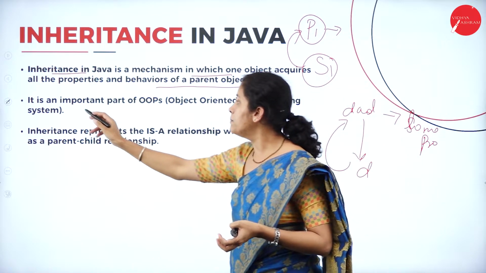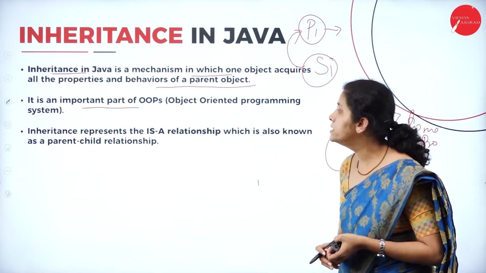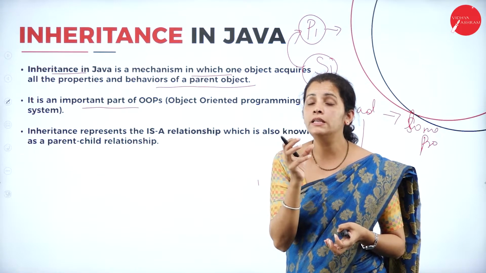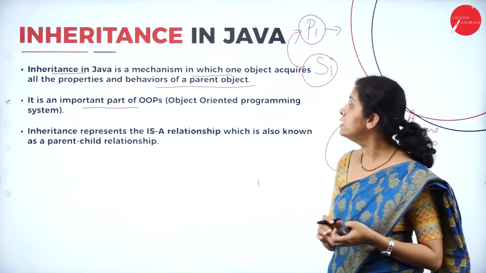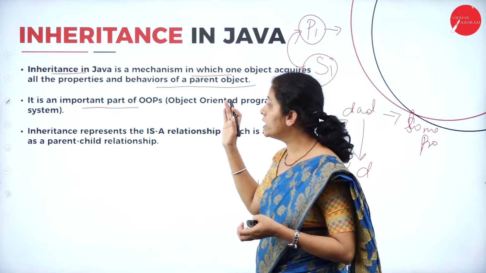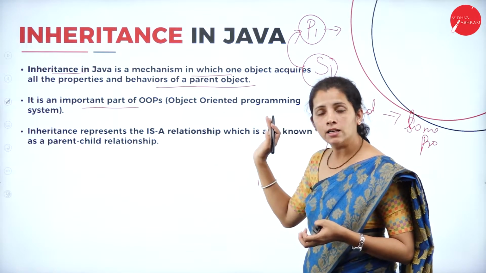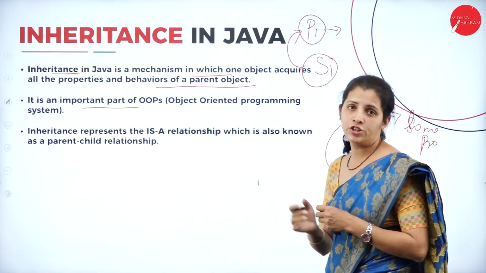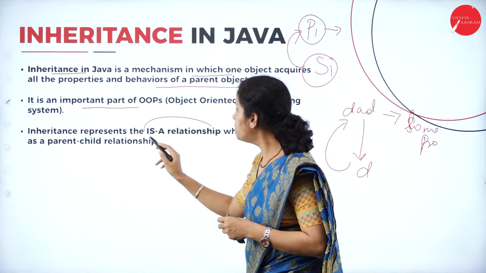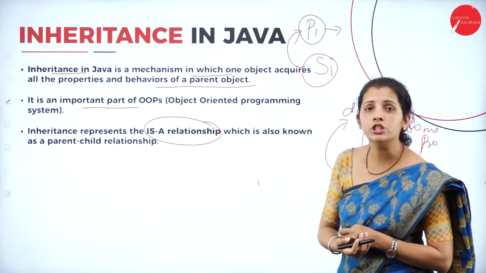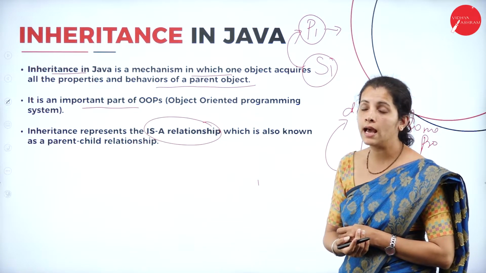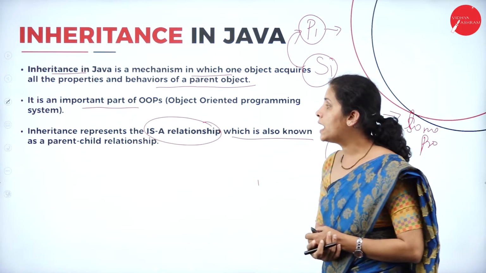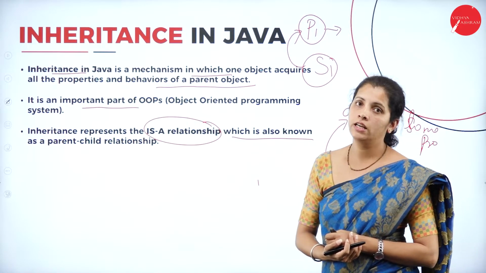It is a very important part of object oriented programming. That is nothing but reusability. Inheritance represents an is-a relationship. So it is very important to have an is-a relationship between the parent class and the child class, and it is also known as a parent-child relationship.